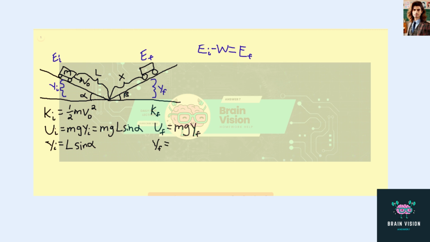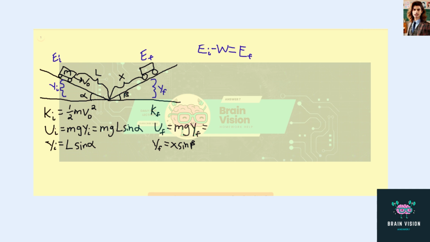And basic trigonometry, once again, will give us that, in this case, the distance we've gone up is now x, as opposed to the other side where it was L. So now it's the distance x, because that's the distance we're interested in, times the sine of beta. So this is just the basic trigonometry that we're using here. That will then give us another expression for the potential energy.